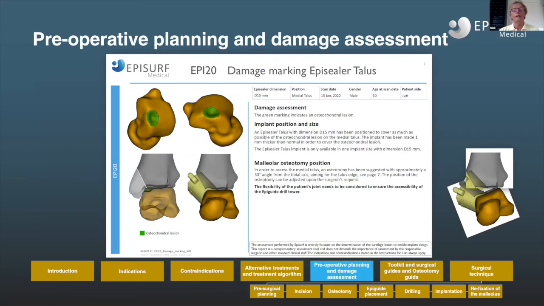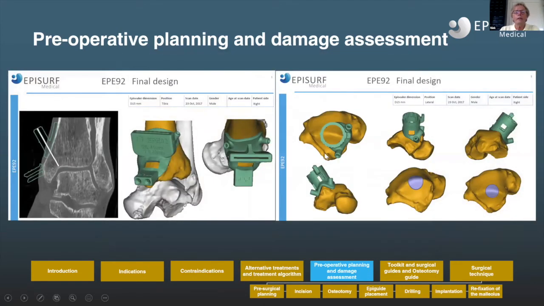a CT scan, and then based on the MRI or the CT scan, the defect is localized and the guides are created. And here you see, for example, the CT scan. Here you see the guide, from above, which fits onto the anatomy of the patient.